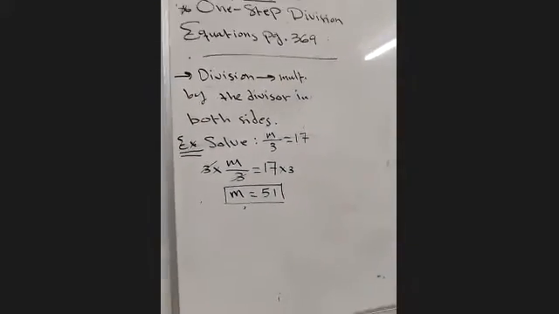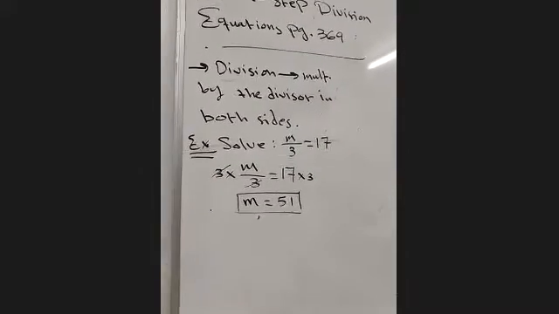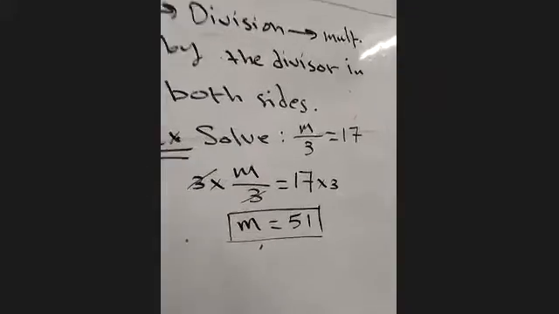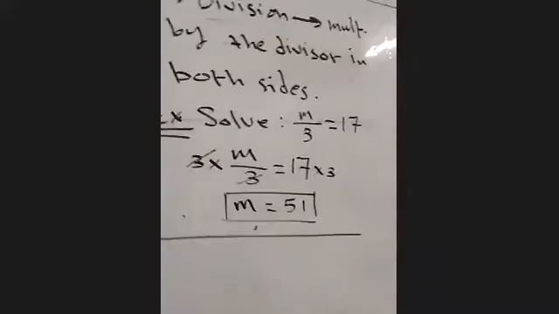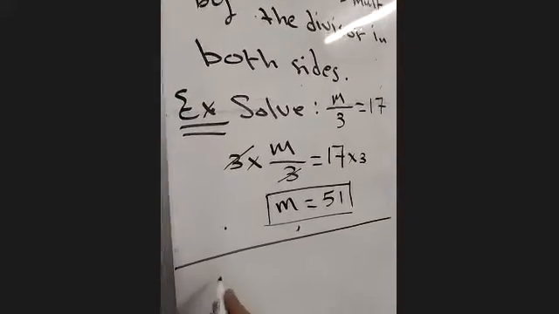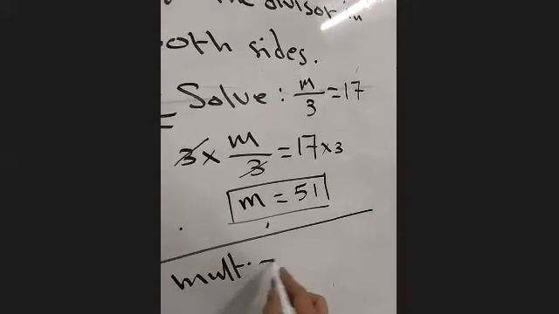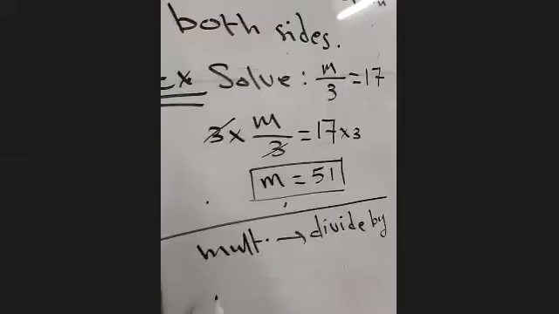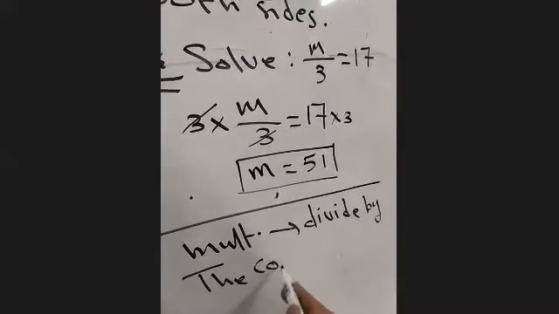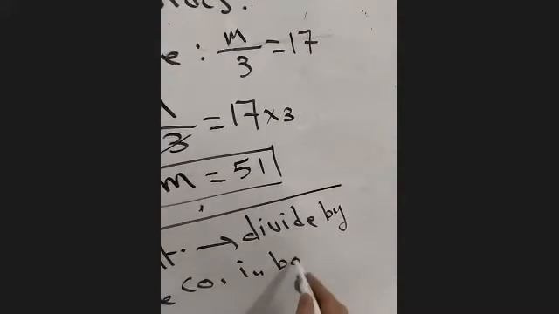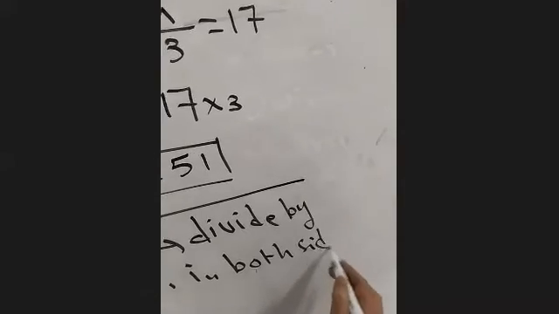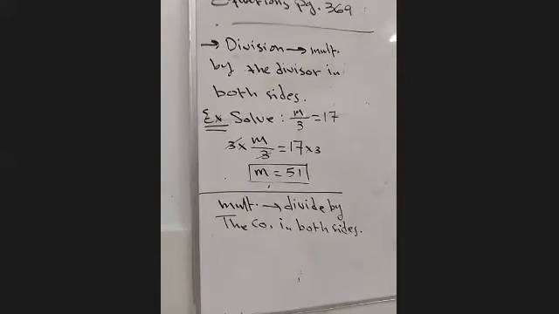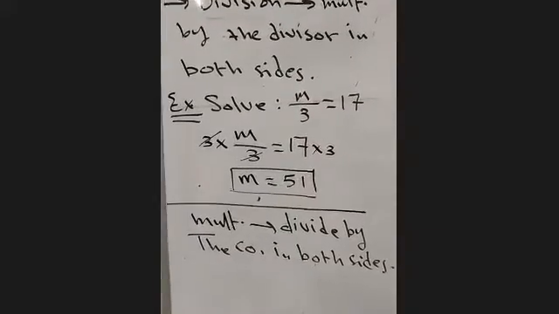So to solve the division equation, guys, we multiply both sides by the divisor of the variable. Don't mix with the multiplication equation. If we have a multiplication equation, we divide by the coefficient in both sides. Don't mix with them, guys, please. And don't mix with the addition and subtraction, okay? So we have four kinds.